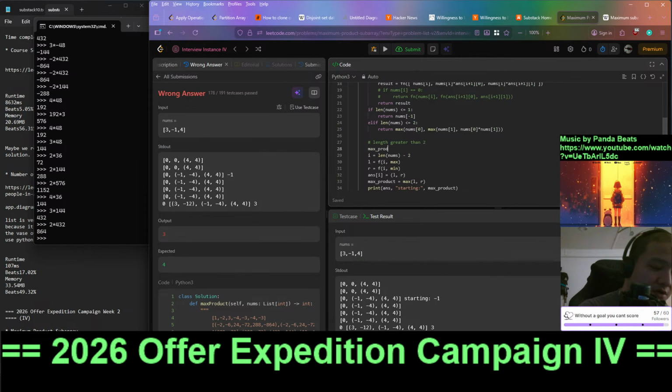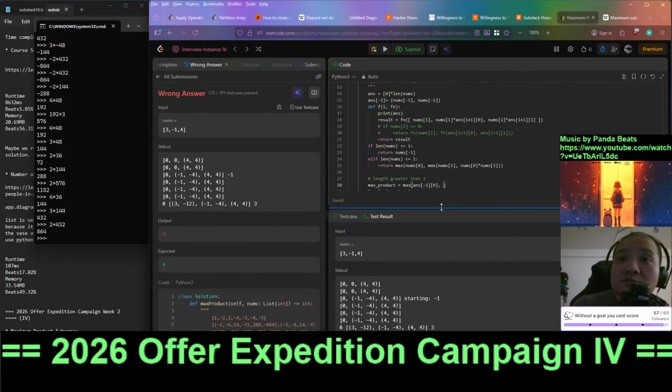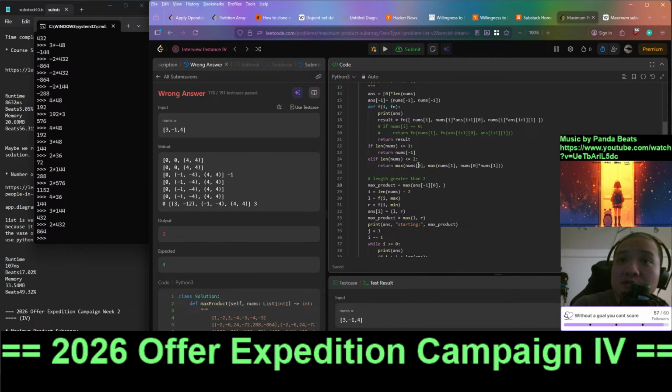So max product is gonna start with max of negative 1, 0, and okay, so we actually should start at 4, right? Right. So maybe we shouldn't special case this, or something.